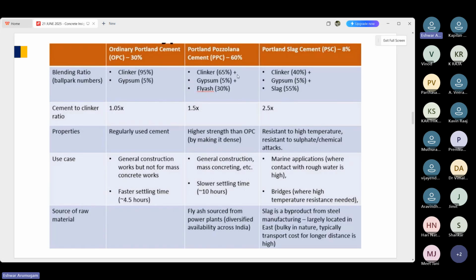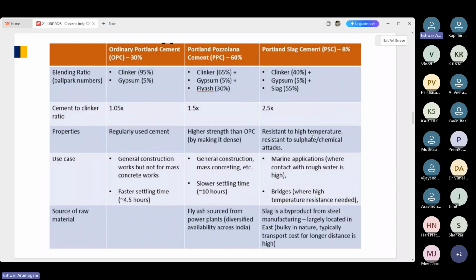Both PPC and PSC are also denser than OPC, which means that they're stronger construction material and also have a low cost of production. If you see slag, it is resistant to very high temperature, chemical attack, and sulfate attacks.